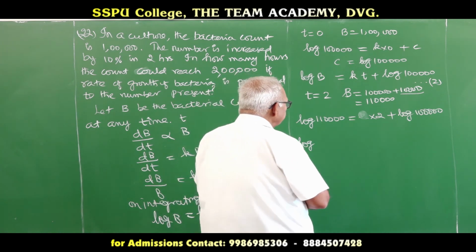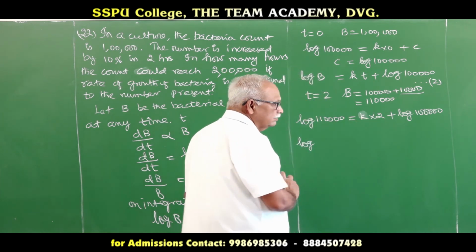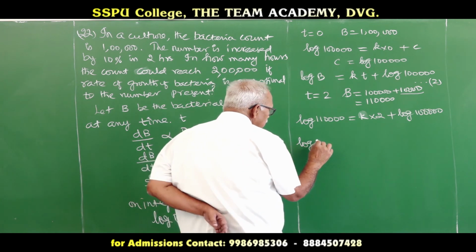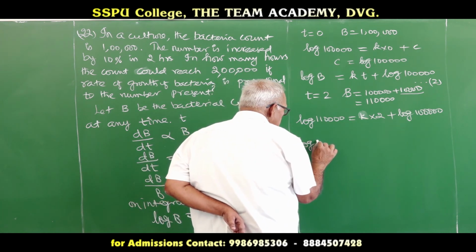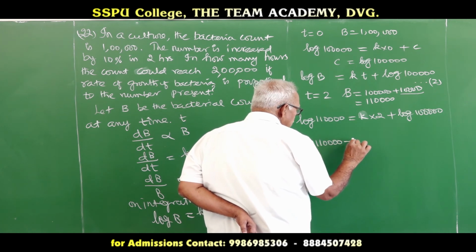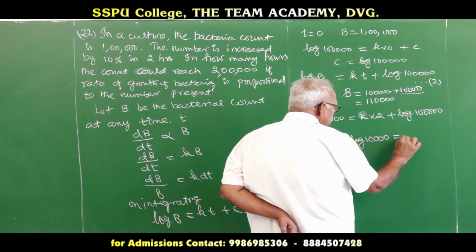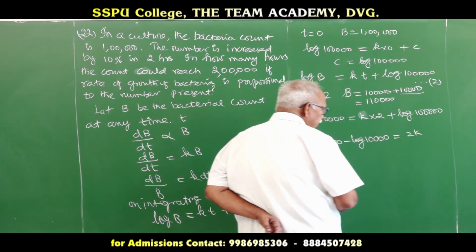Okay, time is t, we calculate k here. So this is log 110,000 minus log 1 lakh is equal to 2k.